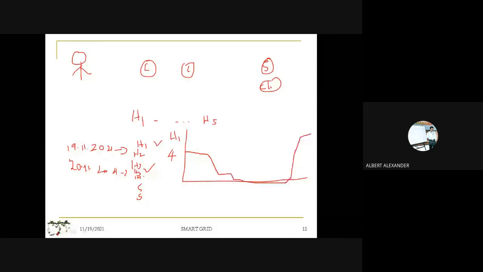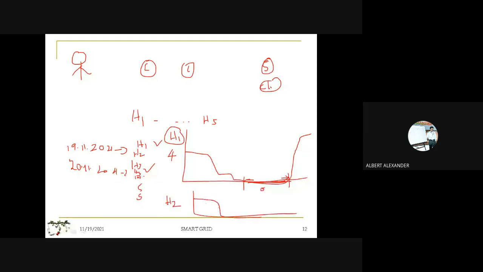So for house 1, I can get the information that in these areas they are receiving 0, that is, during this particular duration they are not receiving my input. Similarly, for house 2, for the complete year, I can get a graph like this, where for a long period they are not getting my milk. So by this, I can get some information.